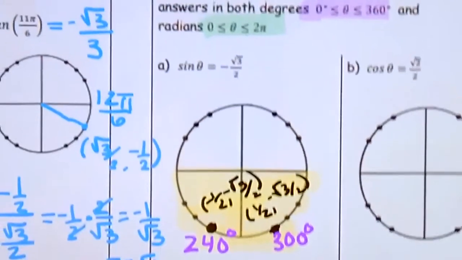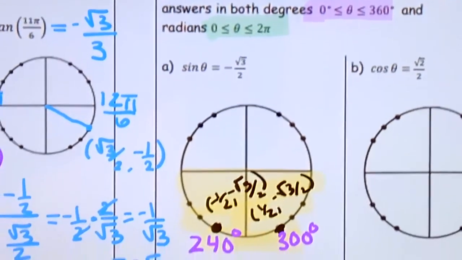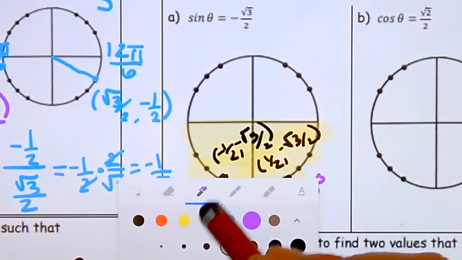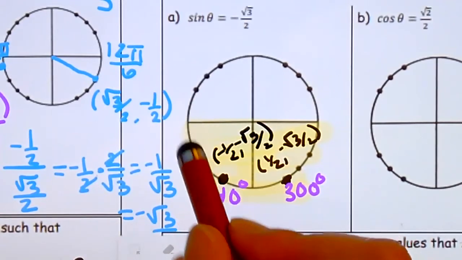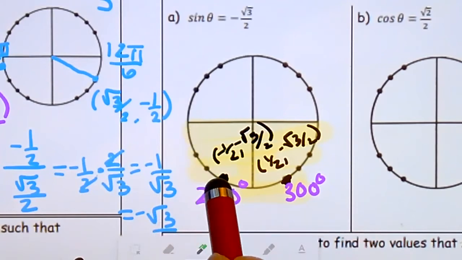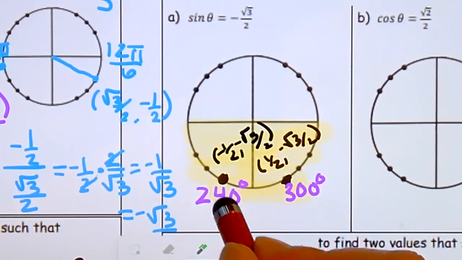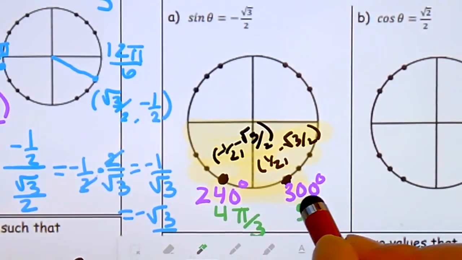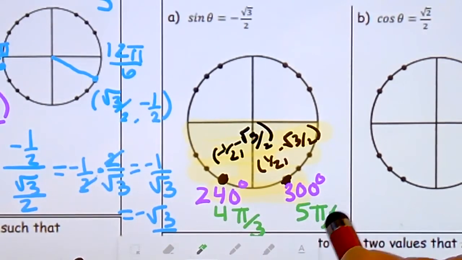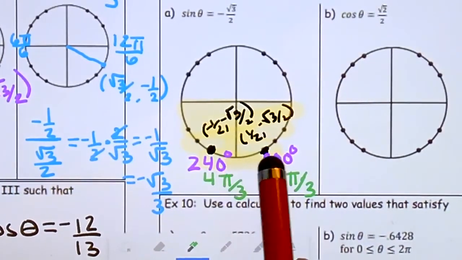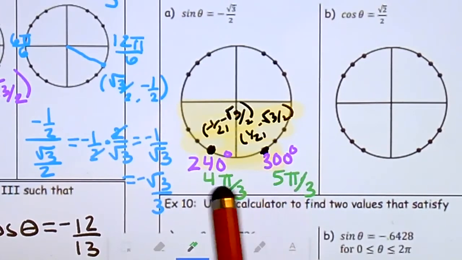Then I also need to do 2 in radians, okay? So for radians, this is going to be pi thirds. This would be 3 pi thirds, so this means this would be 4 pi thirds, and this would be 5 pi thirds. And so those are my 2 answers, 2 of them in degrees, 2 of them in radians, okay?